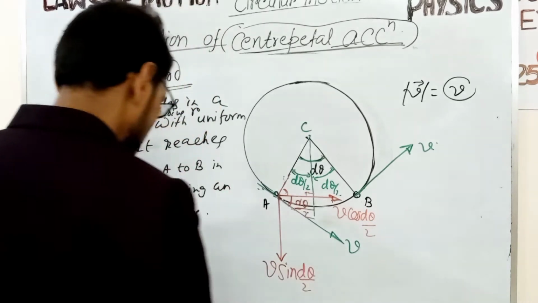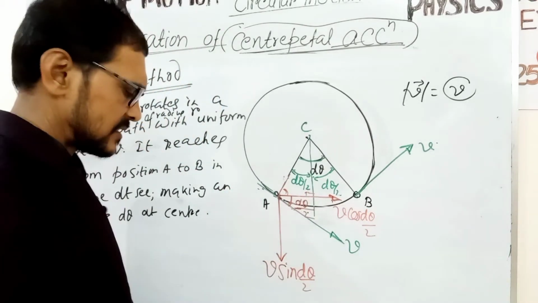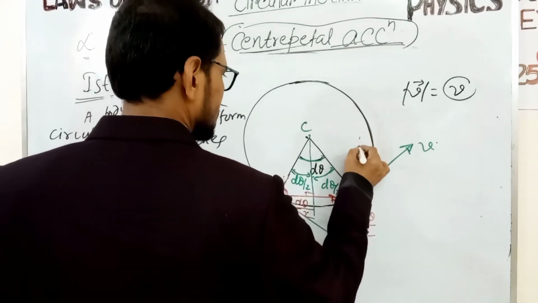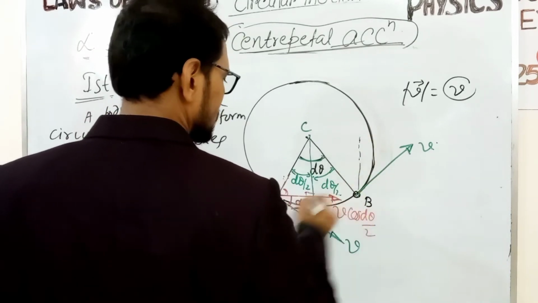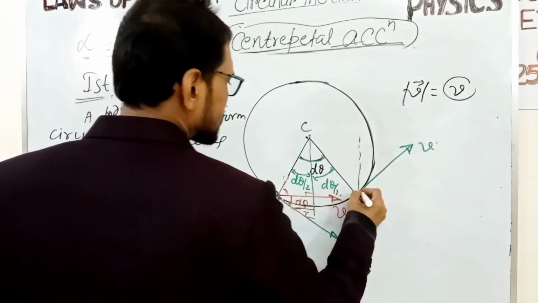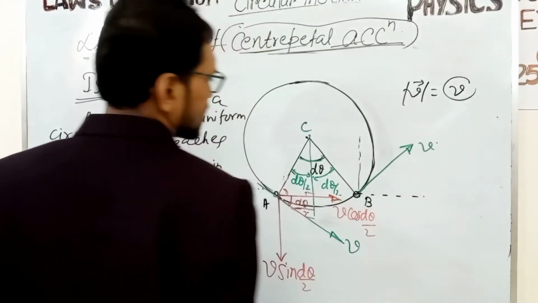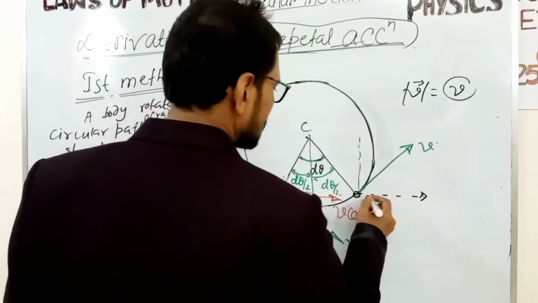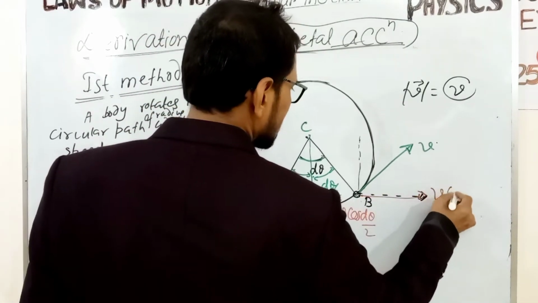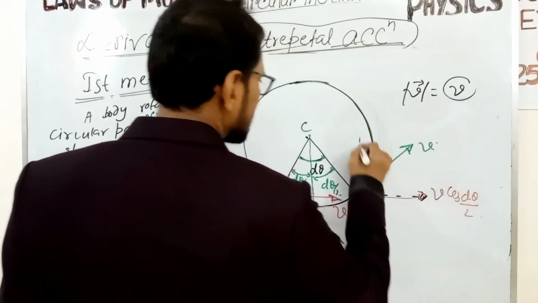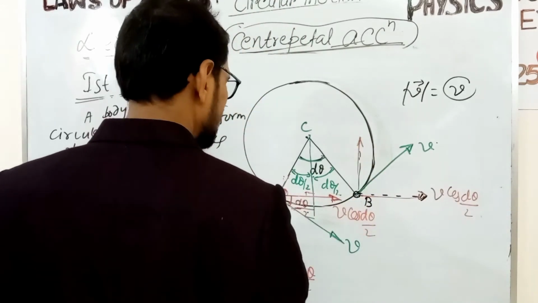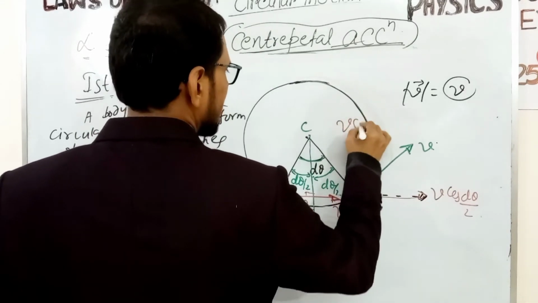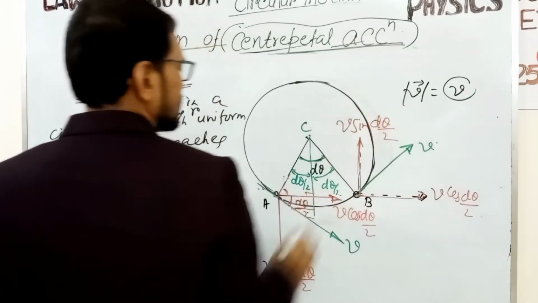In similar way we can show that this component is v cos d theta by 2, and this component is v sin d theta by 2.